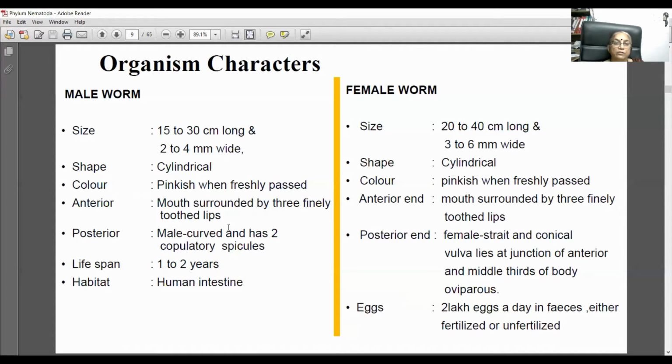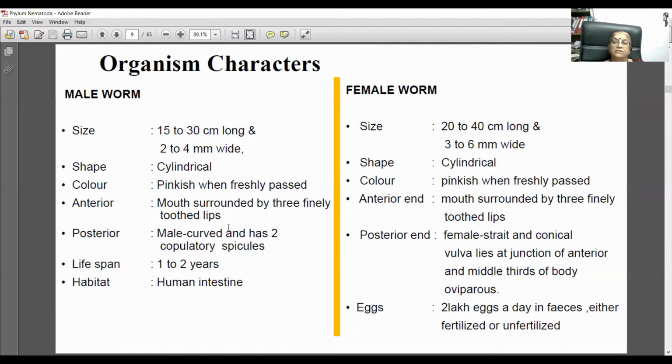The posterior end of the male is curved and has the copulatory spicules, whereas the female posterior end is straight and conical. The vulva lies at the junction of the anterior and middle thirds of the body, and the worms are oviparous.